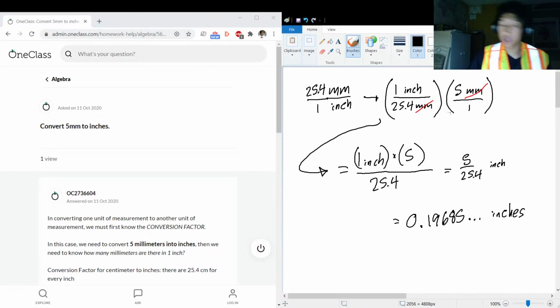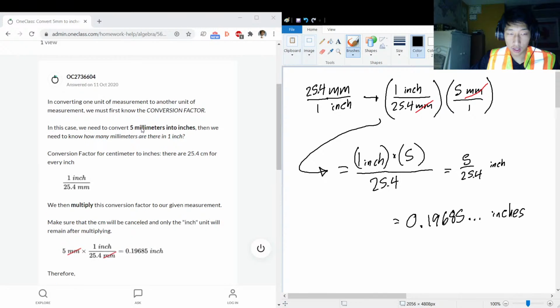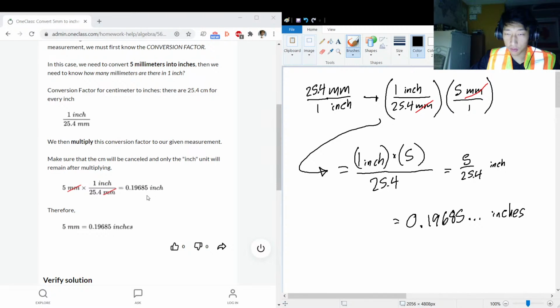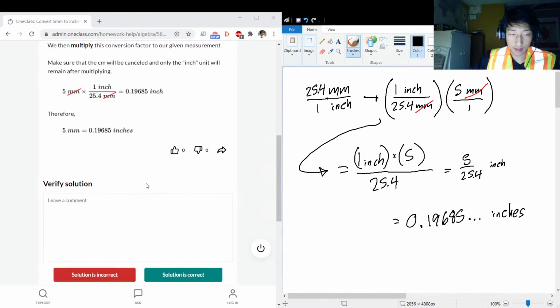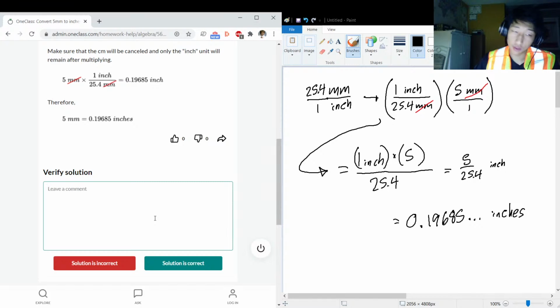Make sure you keep your units in line. If your units go on the wrong side, you'll be in trouble. Sounds good. Yep, so they got the exact same answer to the exact same decimal depth, so the above solution is good.